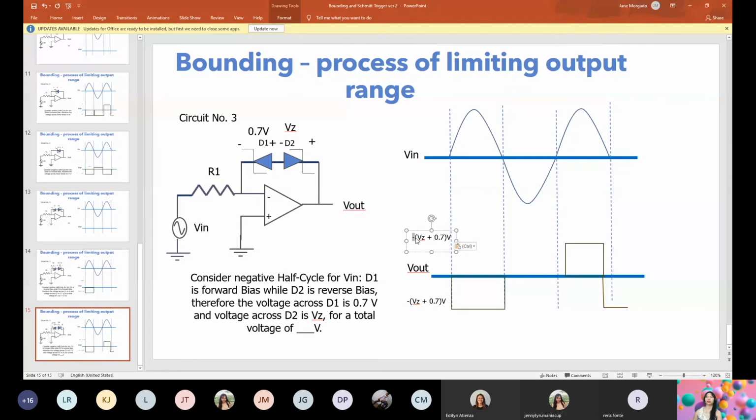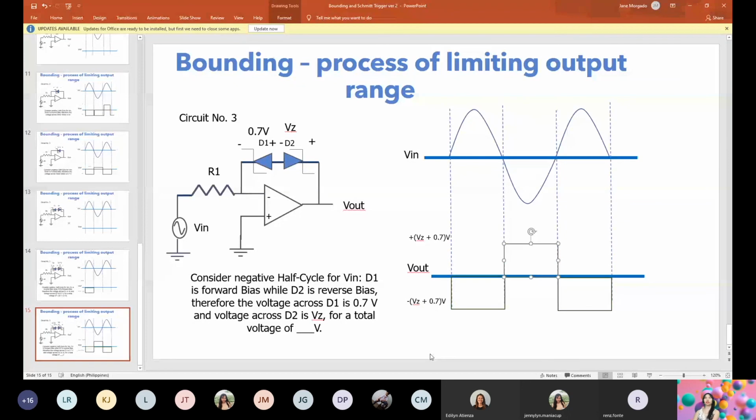So if you have a configuration like this, you'll have a square wave pa rin, with both amplitude for positive and negative. Question.